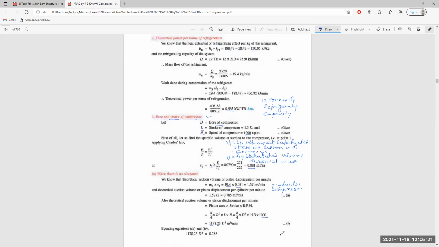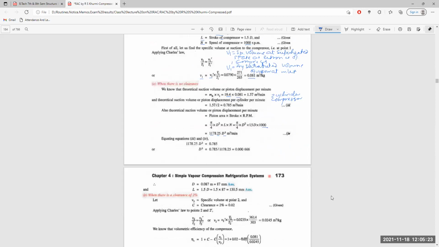If we equate them together, the theoretical suction volume is equal to 0.785 cubic meter per minute. Thus, d cubed is equal to 0.785 divided by 1178.25, which is equal to 0.000666 cubic meter.